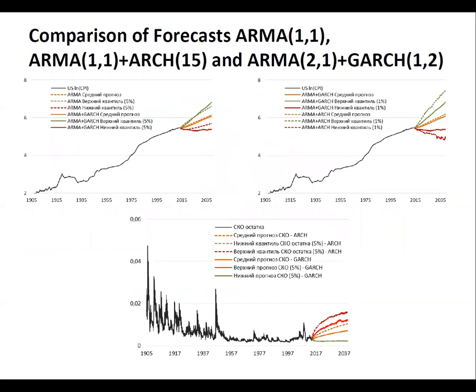This graph shows a comparison of forecasts of the ARMA(1,1), ARMA(1,1) plus ARCH(15), and ARMA(2,1) plus GARCH(1,2) models. What do we see? ARMA plus GARCH expands the interval compared to ARMA.